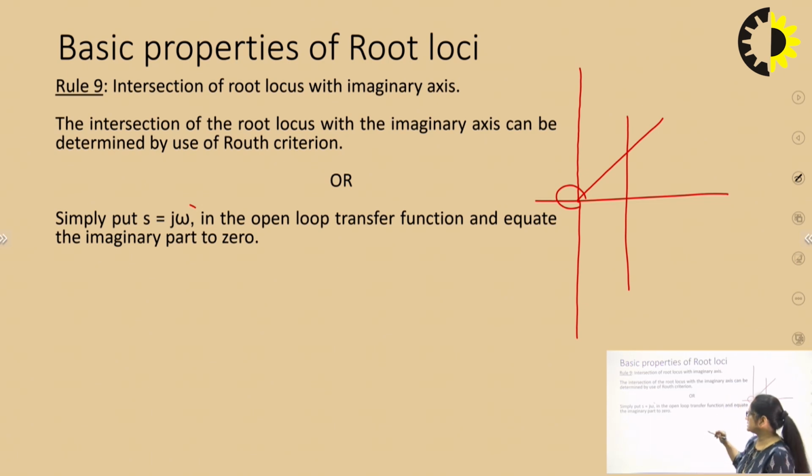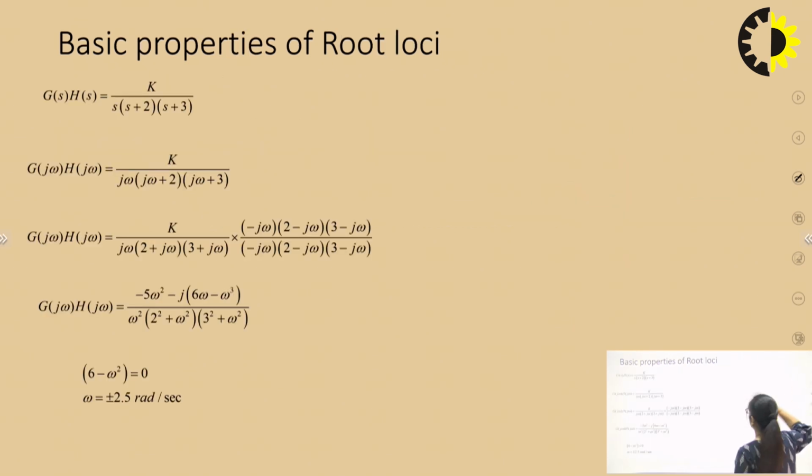Either of the methods lets us find the point at imaginary axis where the root locus cuts it. Let us take one example and understand it.